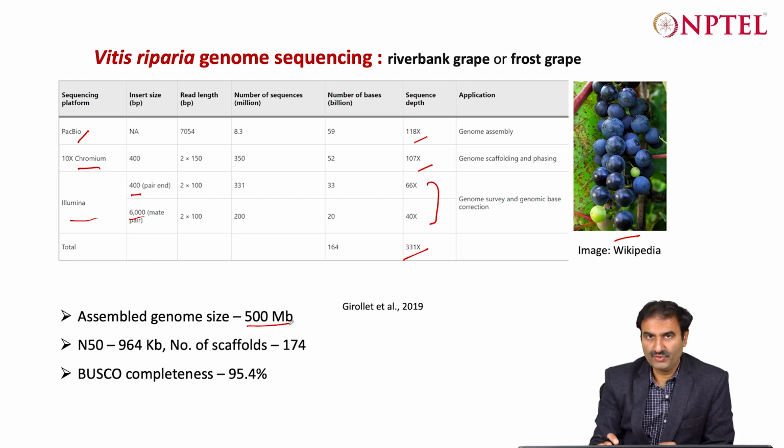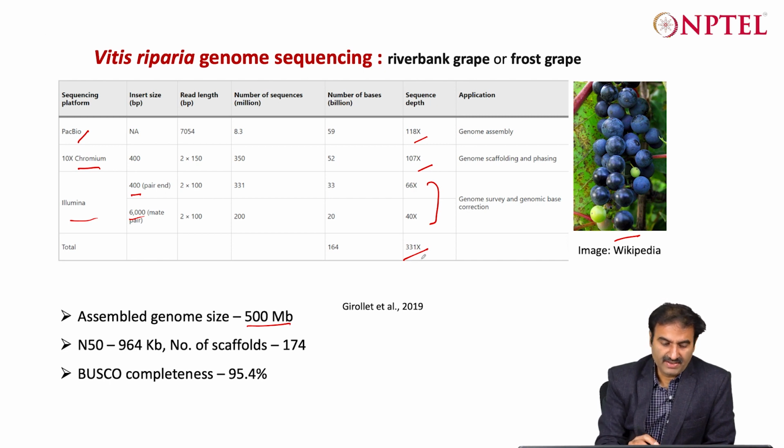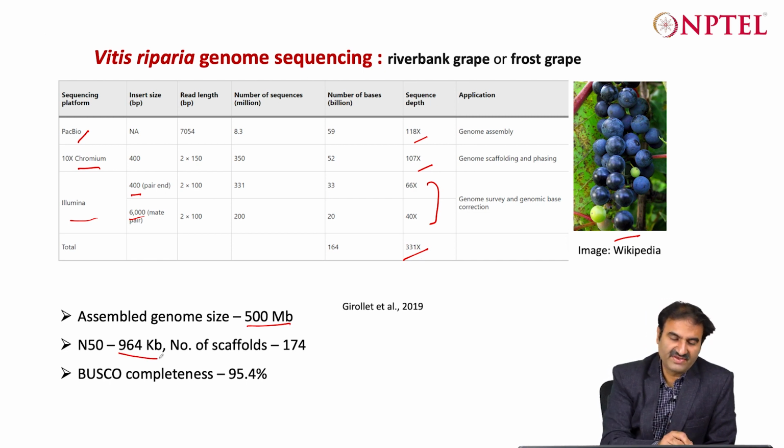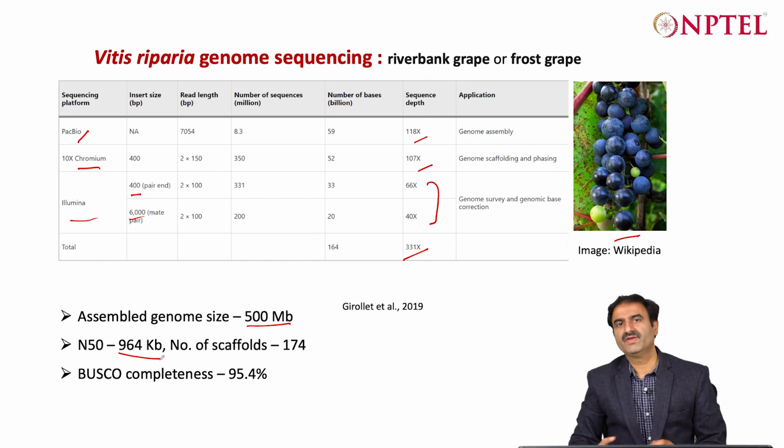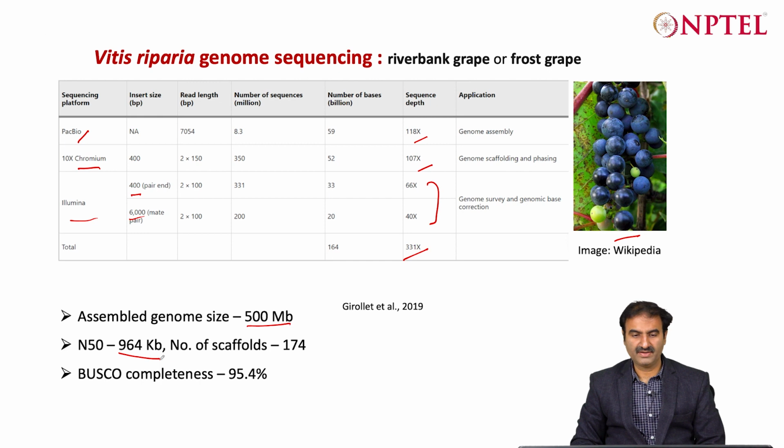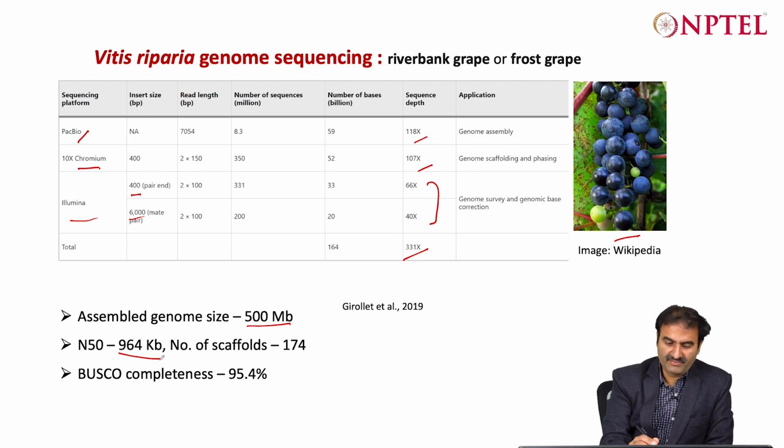Okay, so you can imagine they have done almost 160 GB of data, right, and the N50 that they achieved is 964 KB, which I think is low, because these days for a quality draft genome the N50 should be about 2 MB and more. The number of pieces was 174, which is a good number.